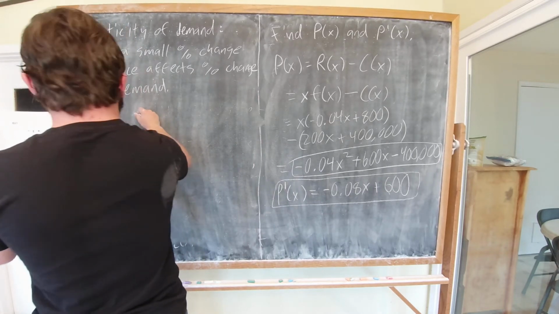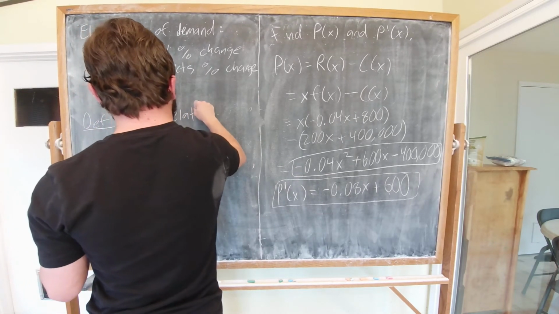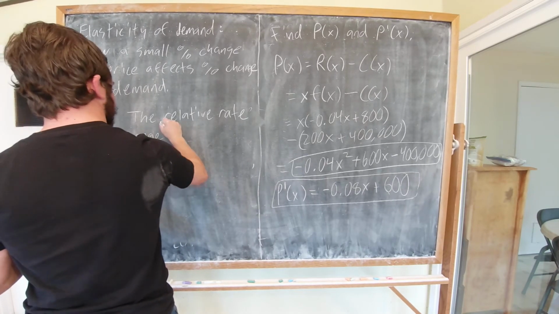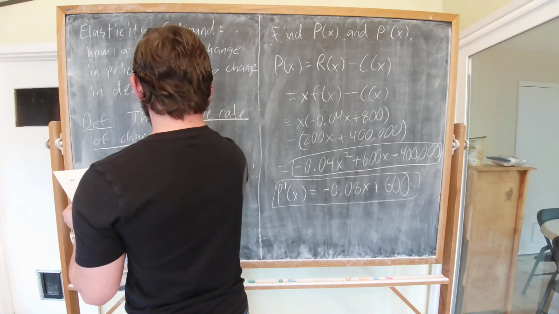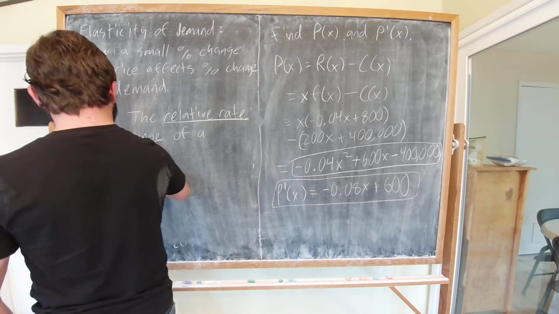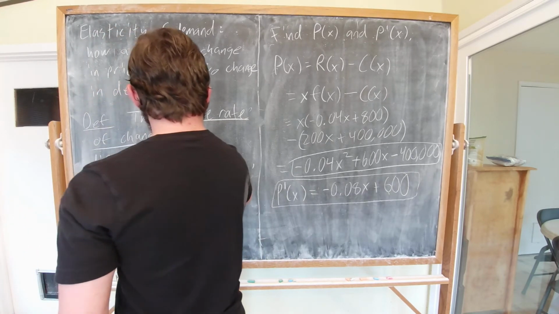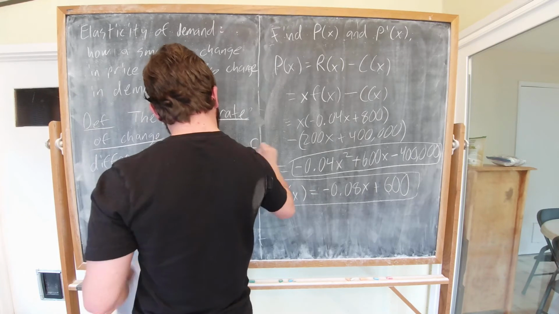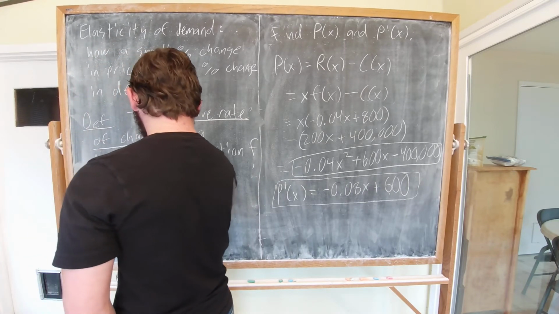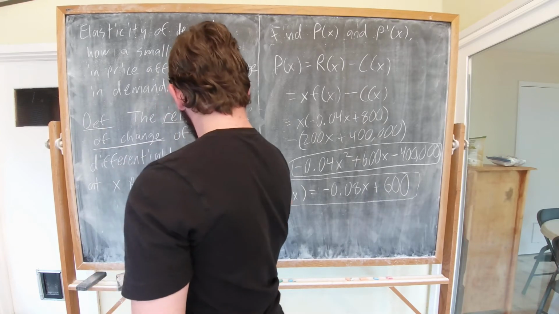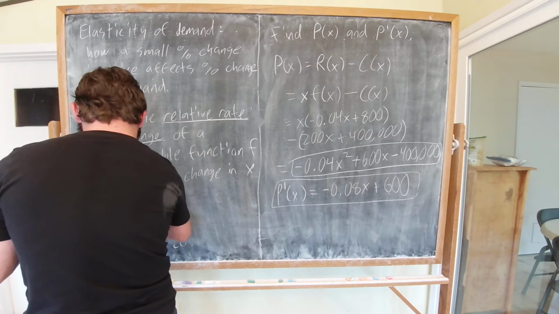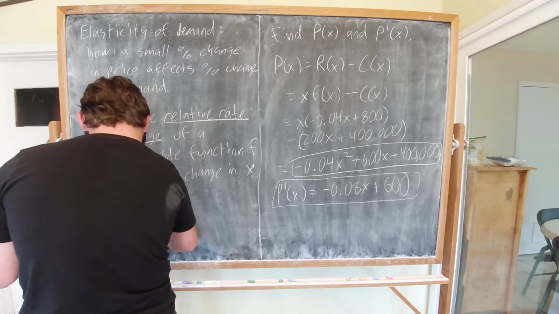The relative rate of change of a differentiable function f at x per unit change in x is f prime of x divided by f of x.